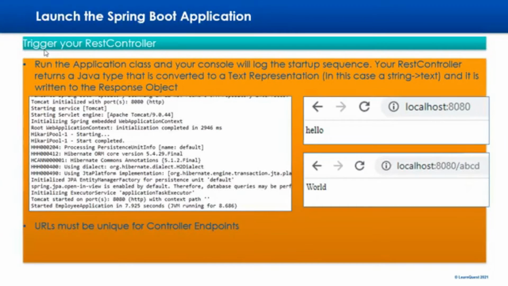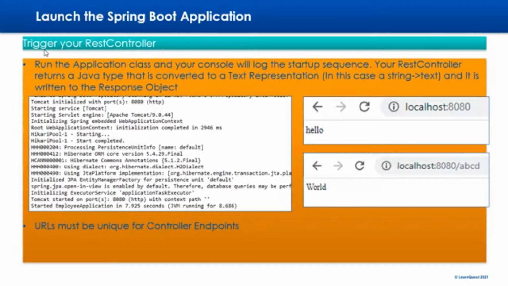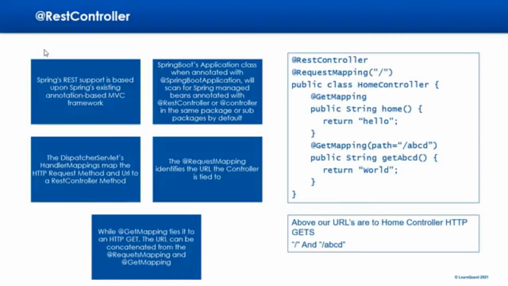So if I type in localhost:8080, that means there's no concatenation of a URL beyond the default URL, so to speak. So that means I will be mapped to the home controller and the method home. If I type in /abcd, I will be tied to the home controller and the method getABCD.